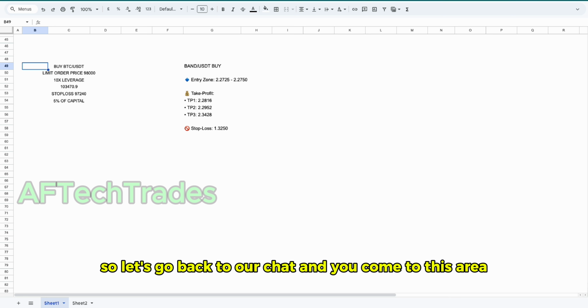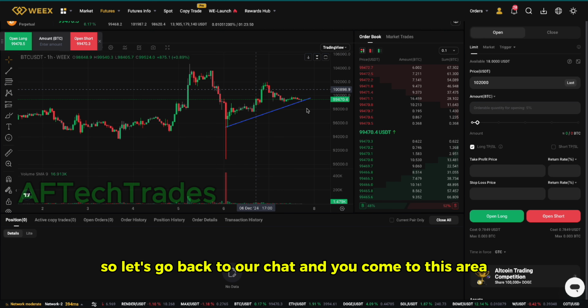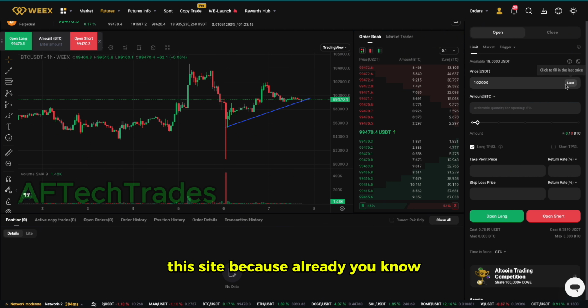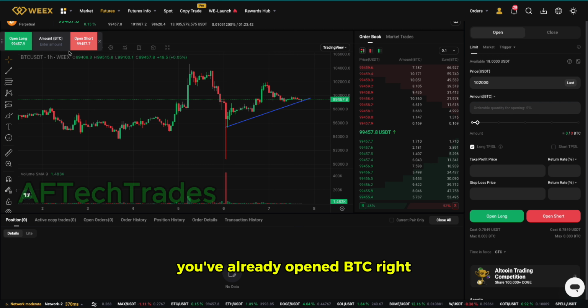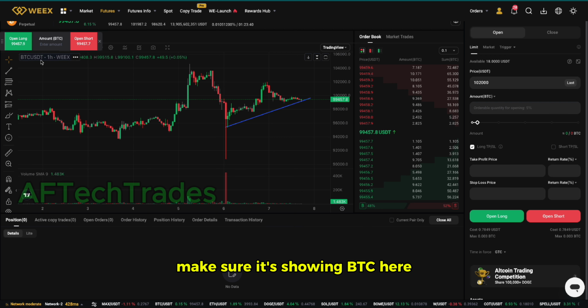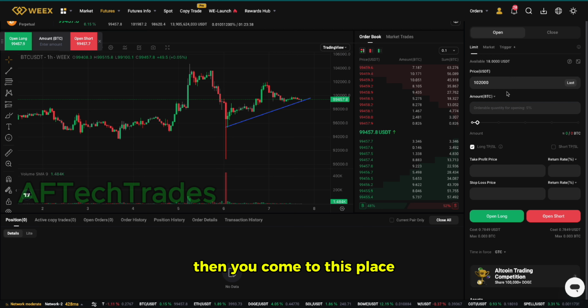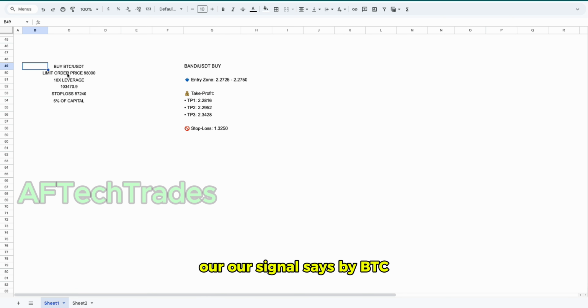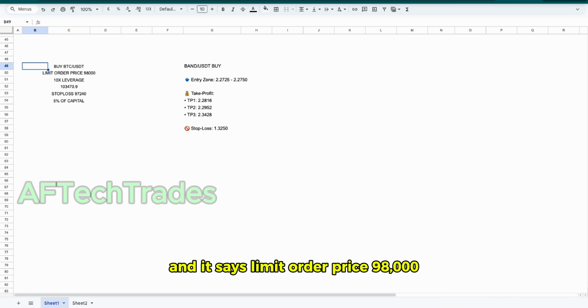So let's go back to our chart, and you come to this side. Make sure it's showing BTC here. Our signal says buy BTC, and it says limit order price 98,000.